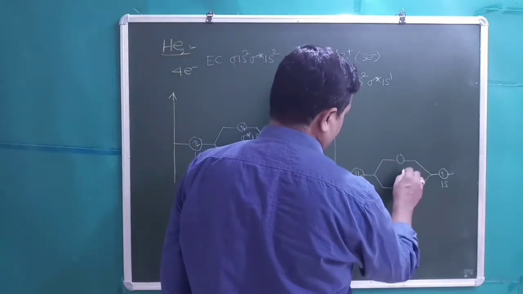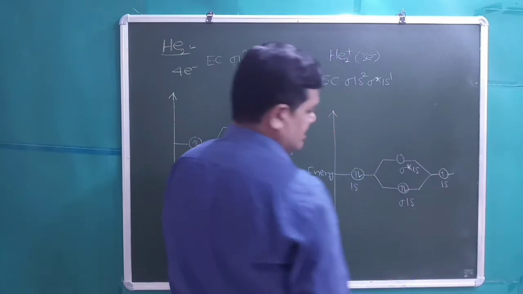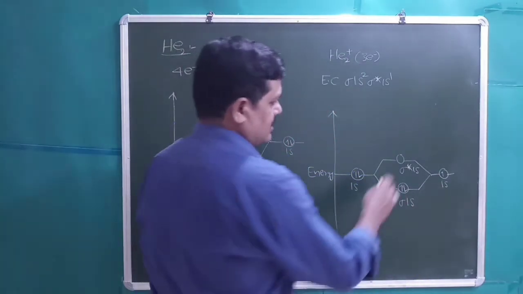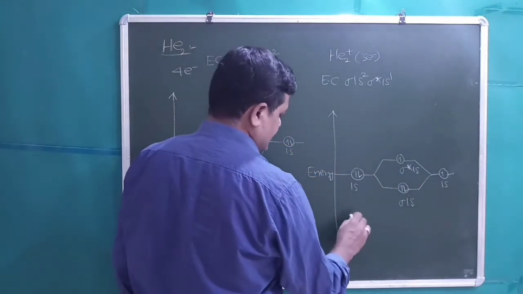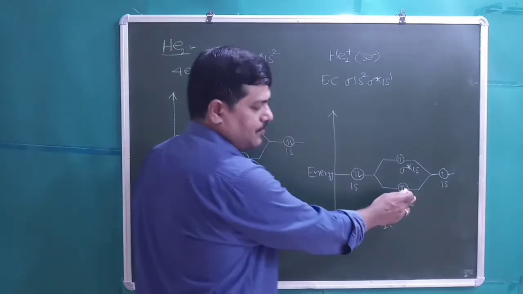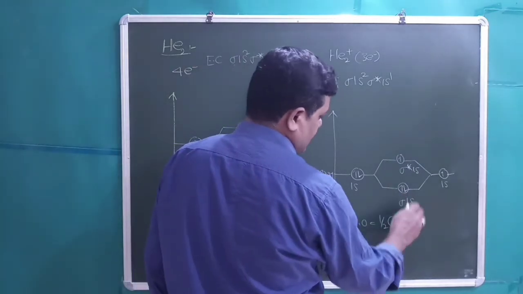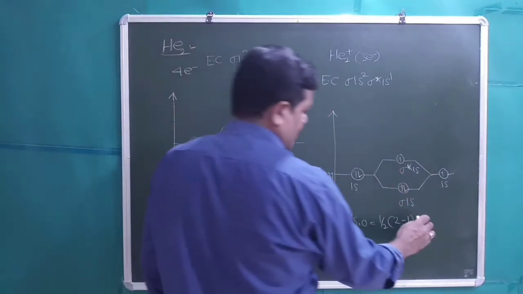Sigma 1s orbital, sigma star 1s orbital, 2 electrons are present in bonding molecular orbital, 1 is present in anti-bonding molecular orbital. Bond order is equal to 1 by 2 into number of electrons in the bonding molecular orbitals minus number of electrons in the anti-bonding molecular orbitals.